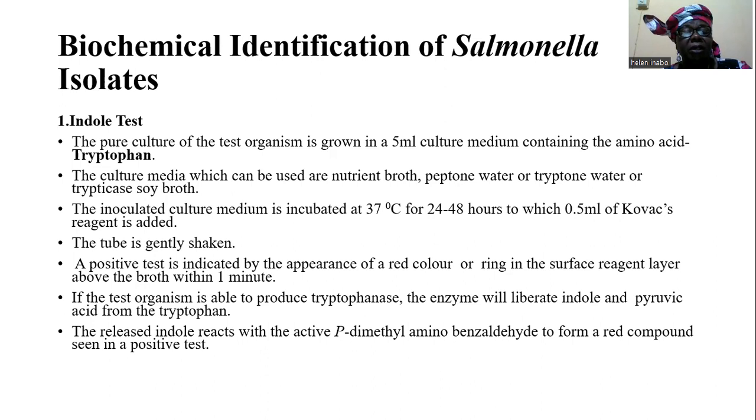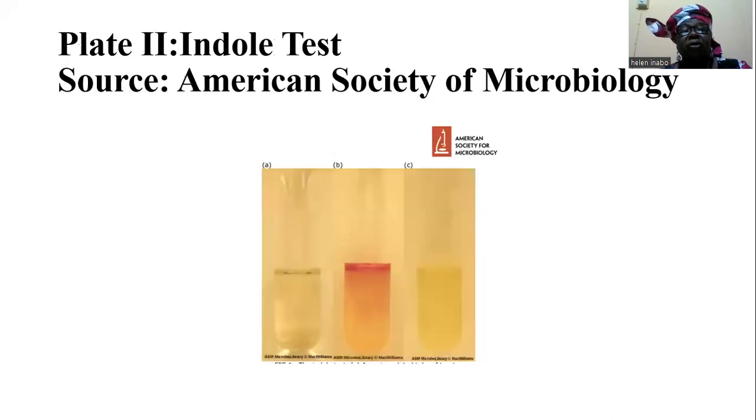The released indole reacts with the active para-dimethylaminobenzaldehyde to form a red compound, which is seen in a positive test. For Salmonella, it is indole negative. And for the other members of the Enterobacteriaceae, this is the reaction, a positive test.